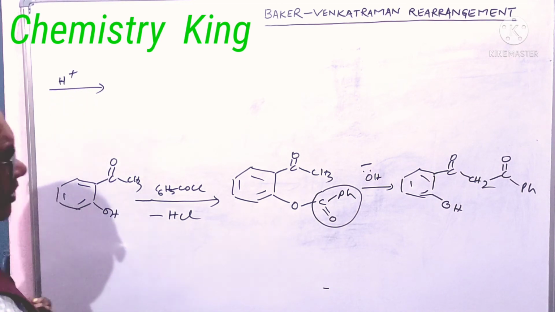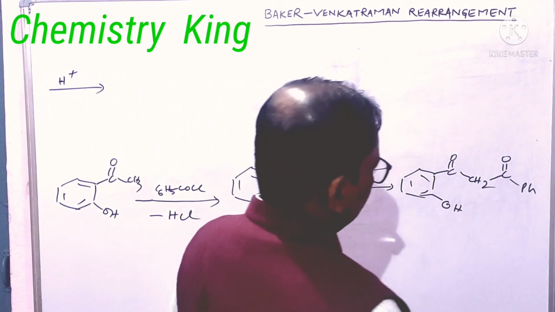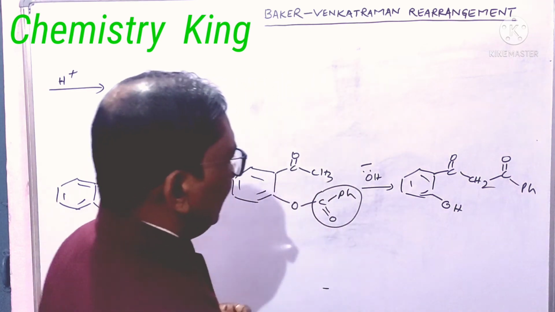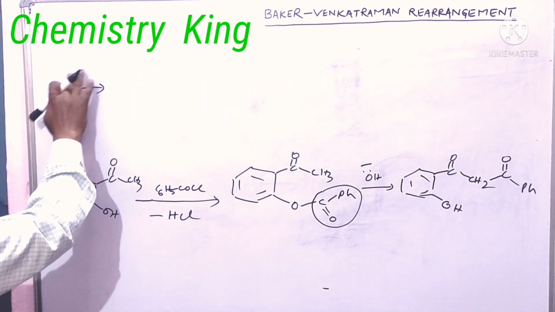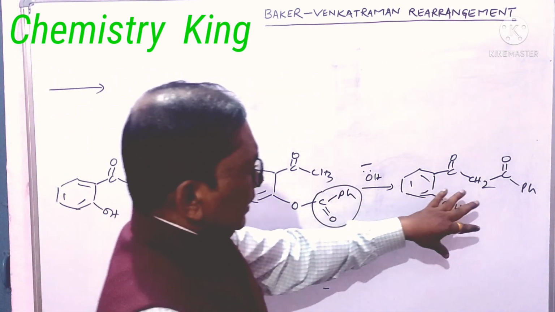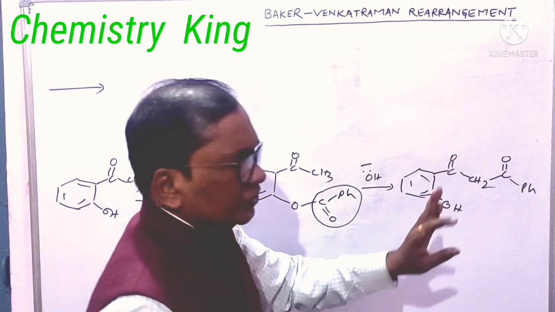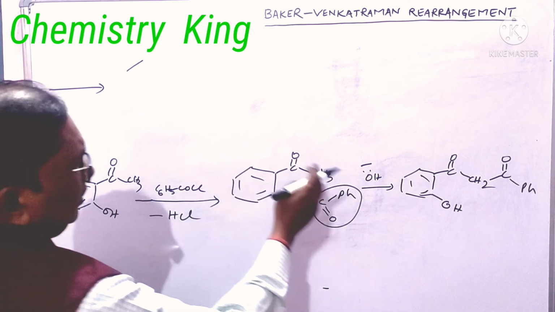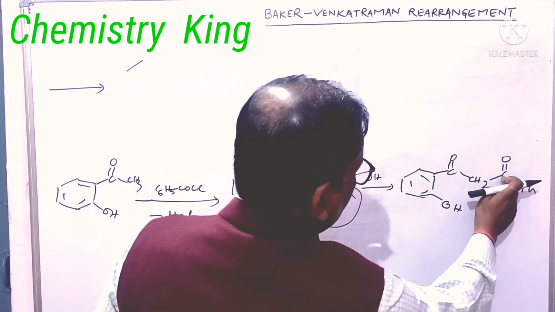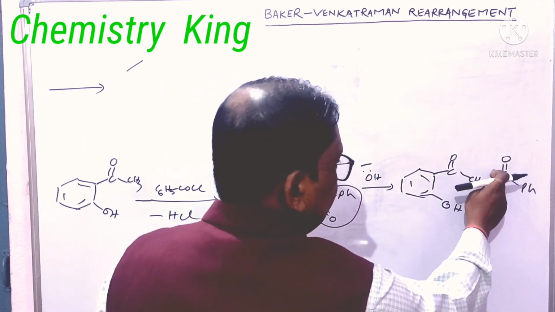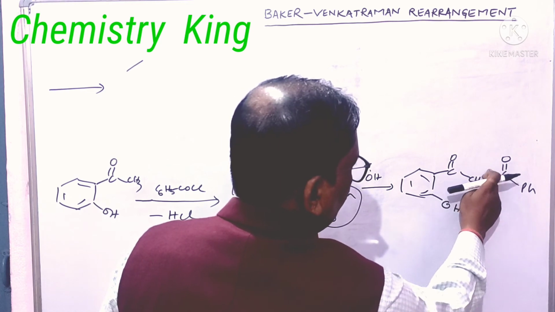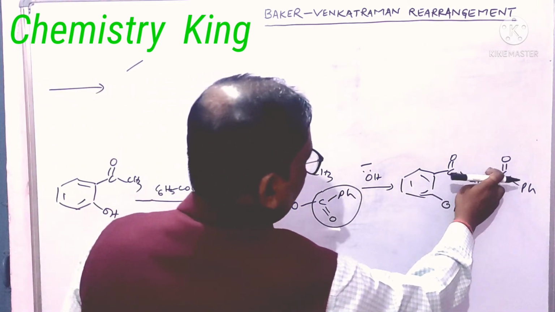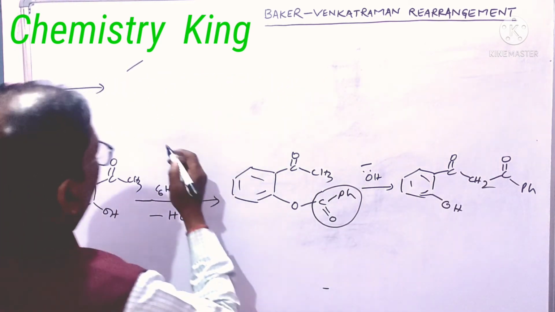On acidification, what will happen? First of all, enolization of this unit should be carried out. Okay. This is the keto form. It will enolize with this hydrogen, leading to formation of a double bond here.